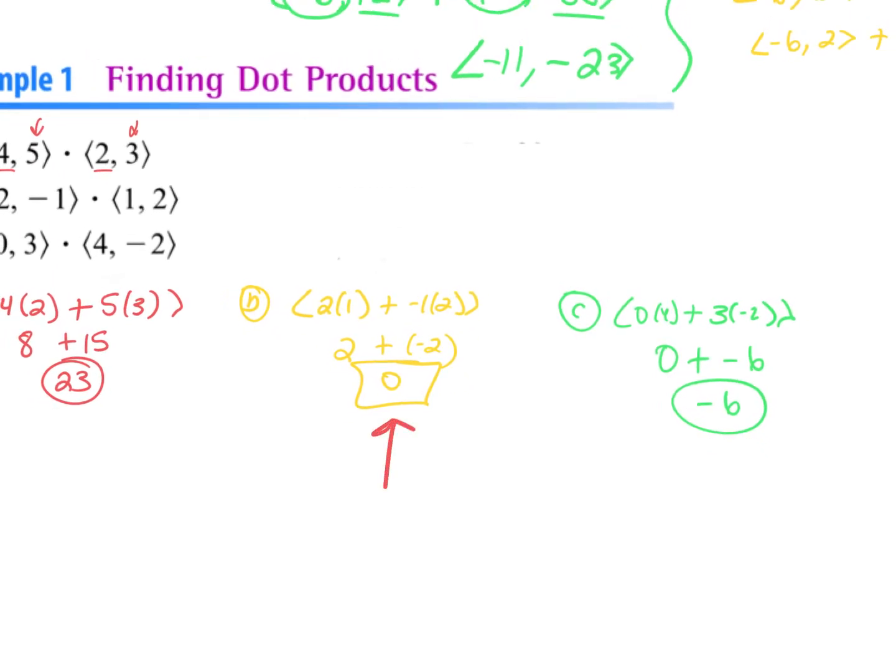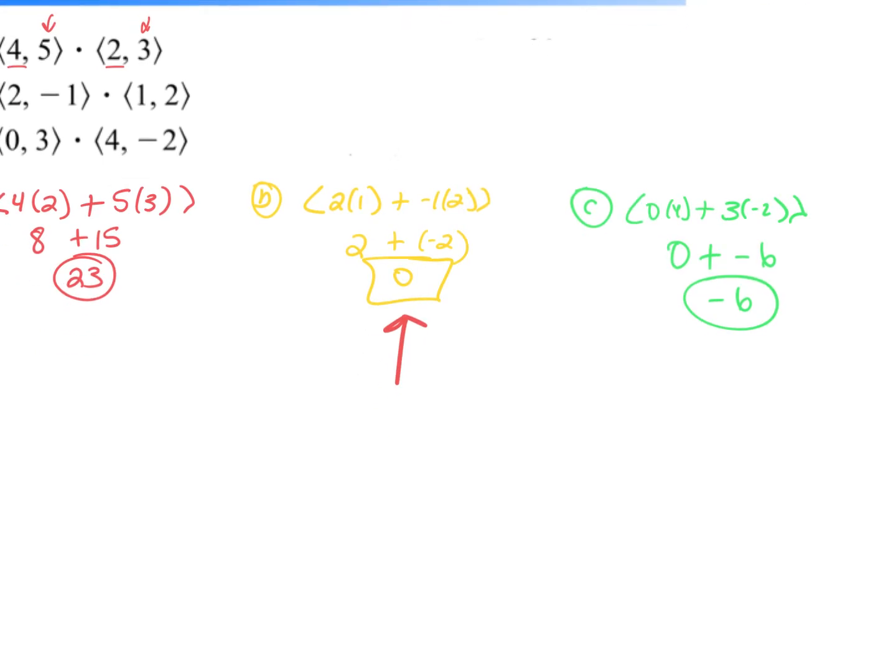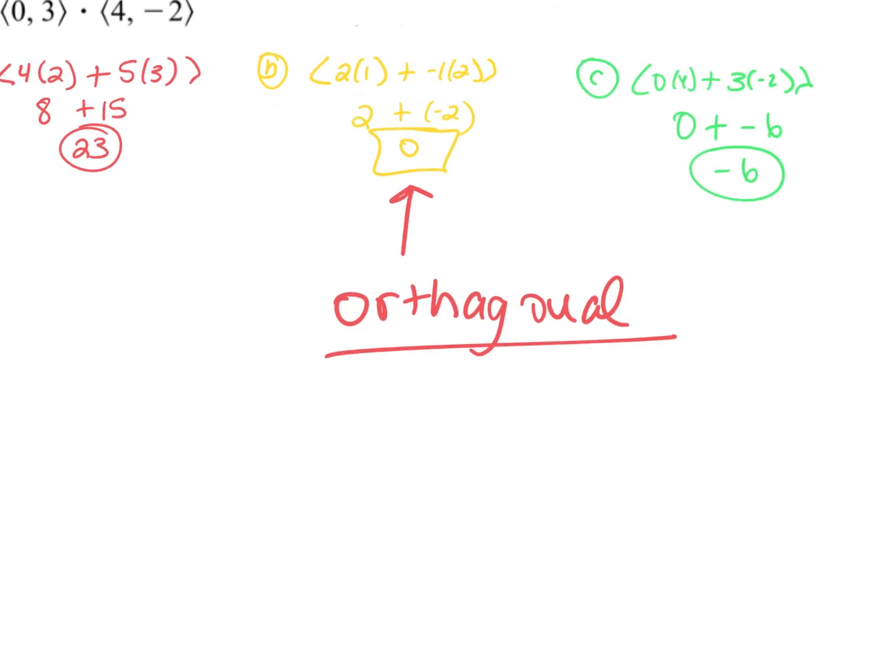When you take 2 vectors and you find the dot product, and that happens to be 0, they are said to be orthogonal. So those 2 vectors are orthogonal. What that means in math terms is perpendicular.